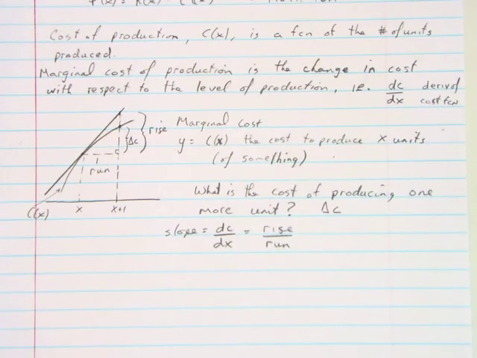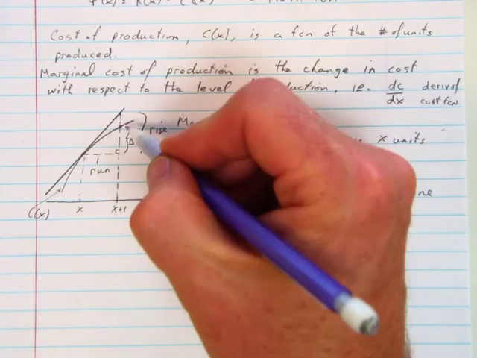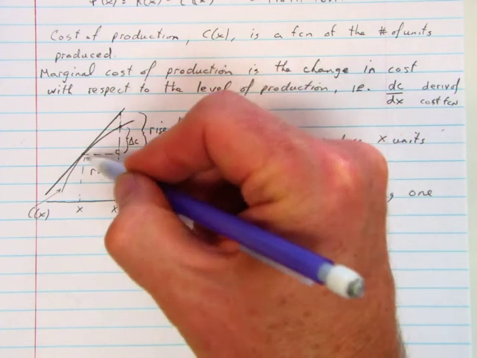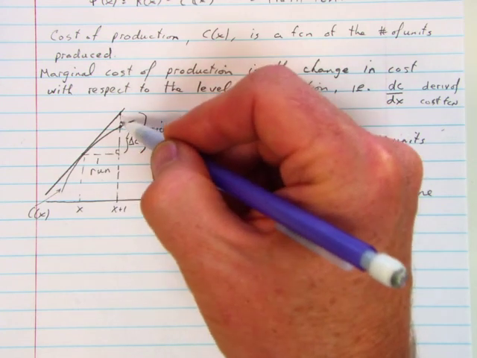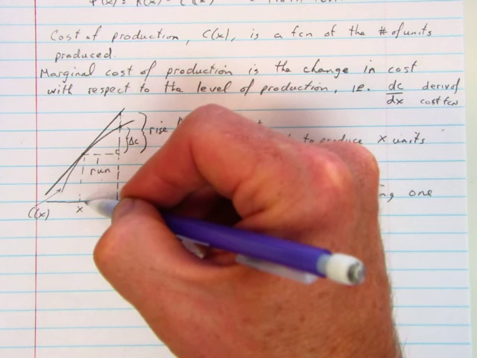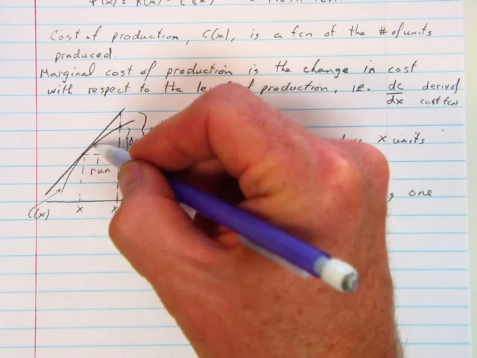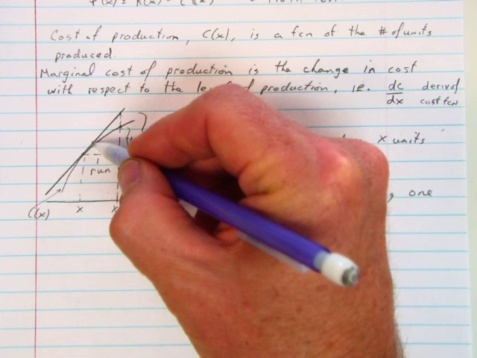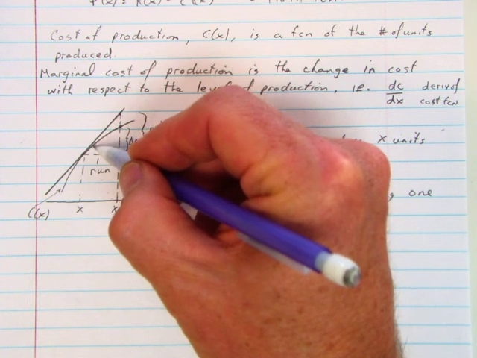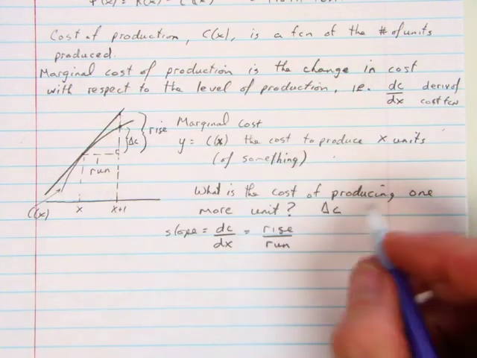And here's where it's important for this idea. I drew it so you could clearly see on my paper, but if you think about it, if x and x plus 1 are close together, what can you say about the curve and the line? They're about the same.